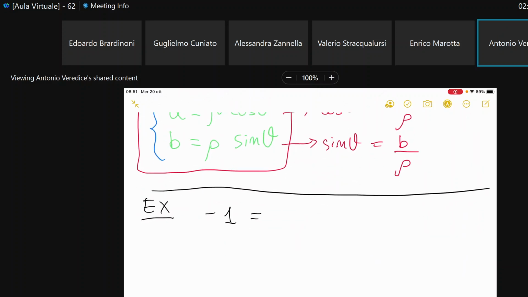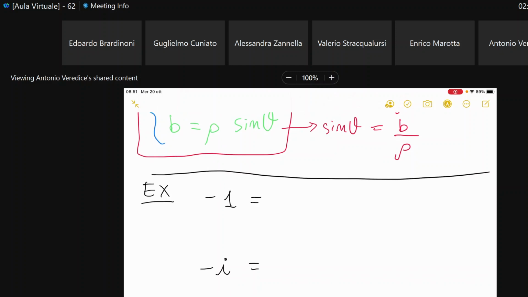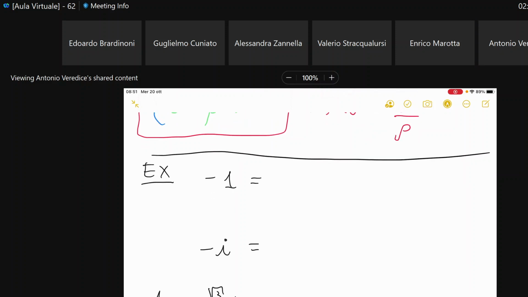We do the same for -i, and also for -1/2 plus square root of 3 over 2 times i, and also for the last one, which you will find on the slides.